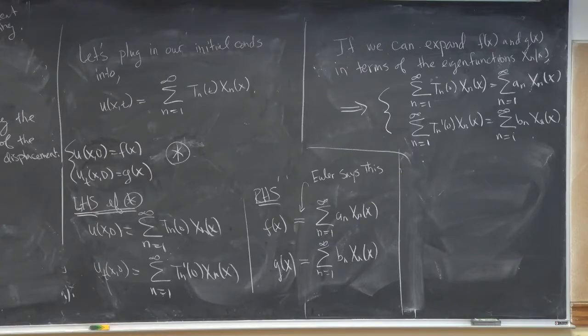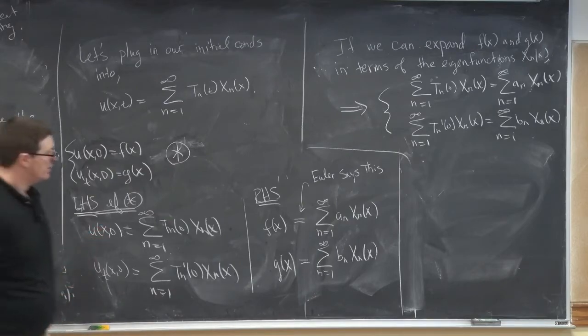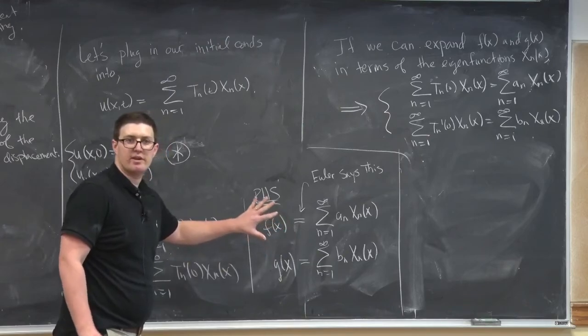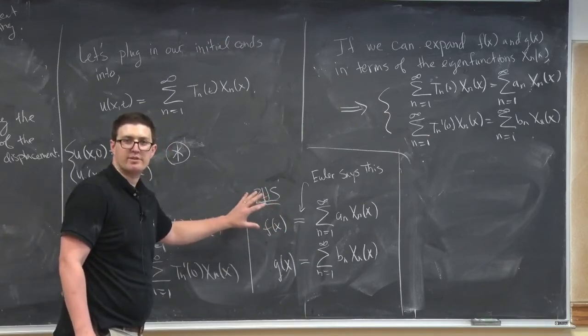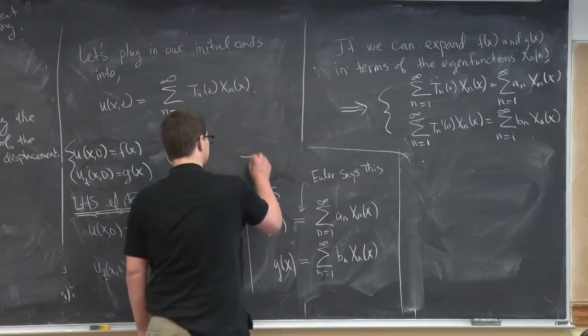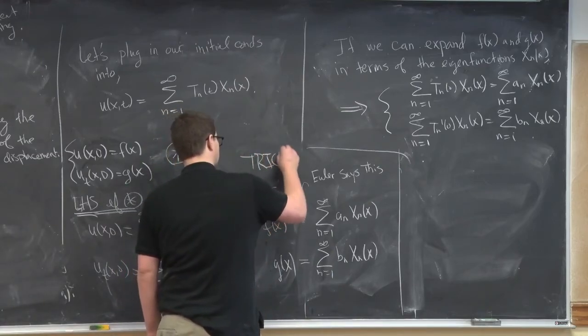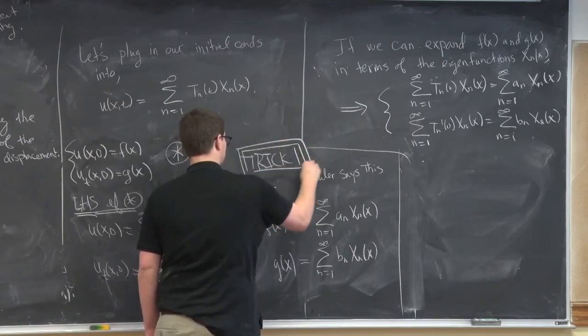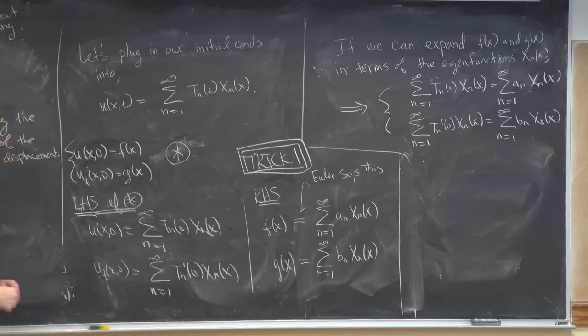So first step, let's label this, because we need to remember this somehow. Let's say this is trick 1. Trick 1 is this eigenfunction expansion.